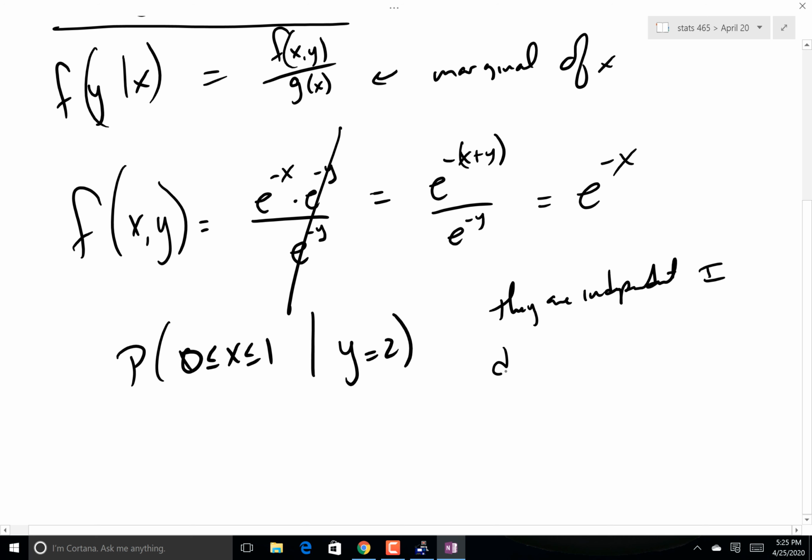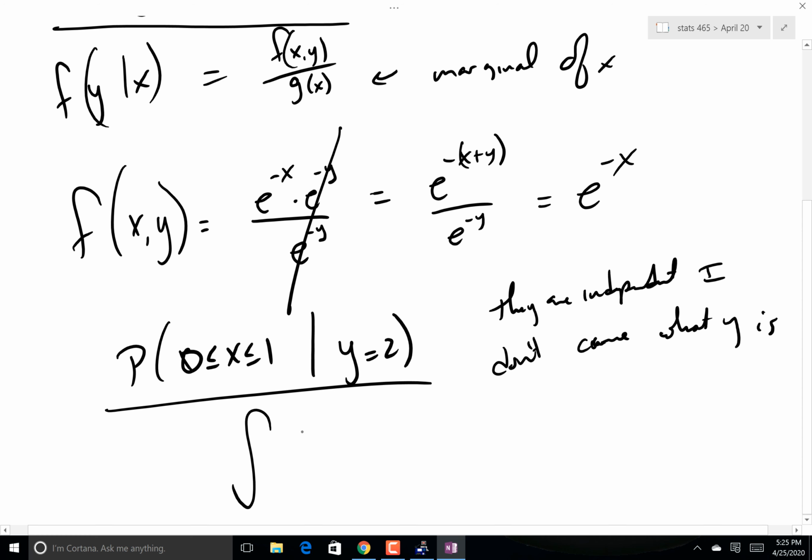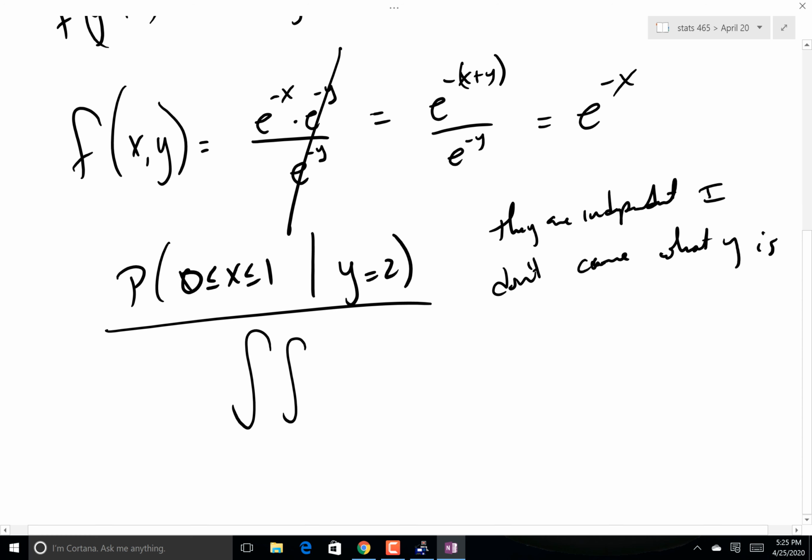I don't care what y is. So the answer to this question is simply this. You could obviously set it up like this and go e to the negative x minus y, or this way, whatever makes you happy, over e to the minus y dx.